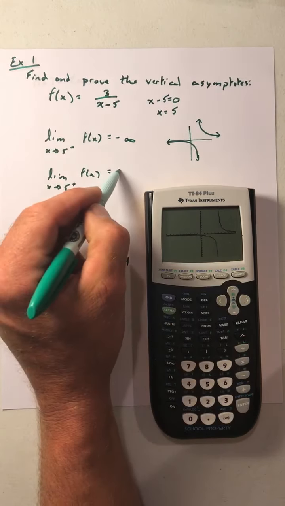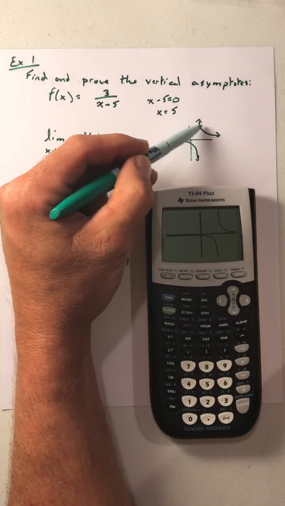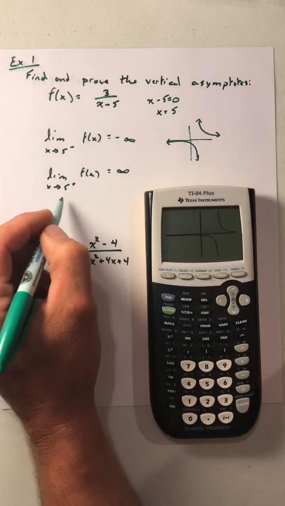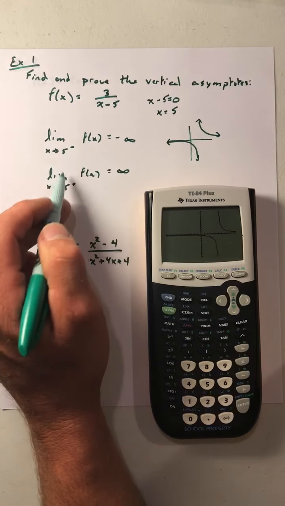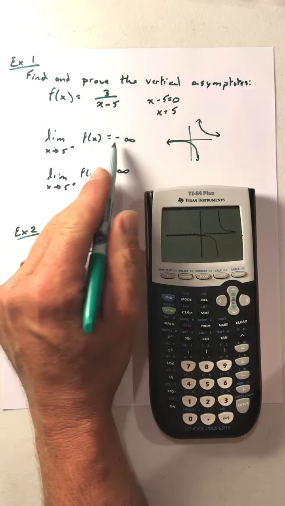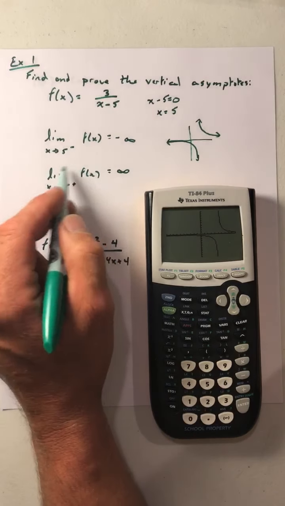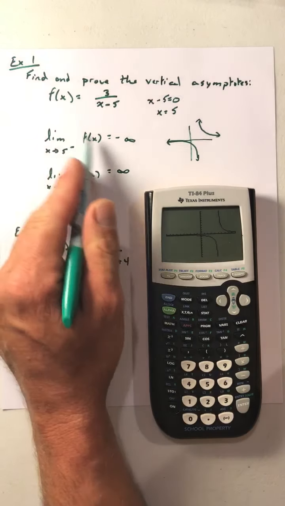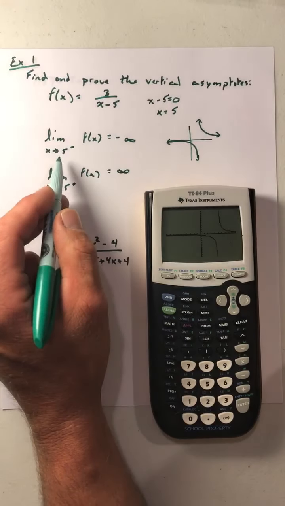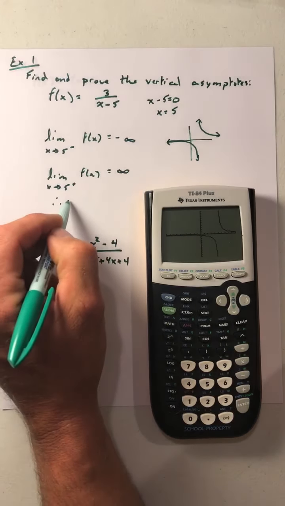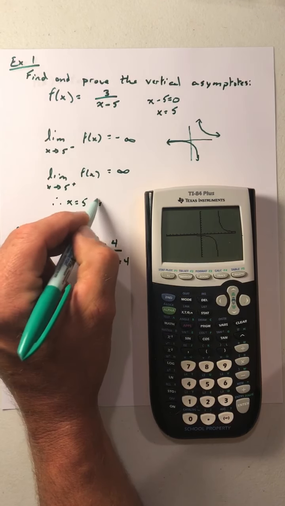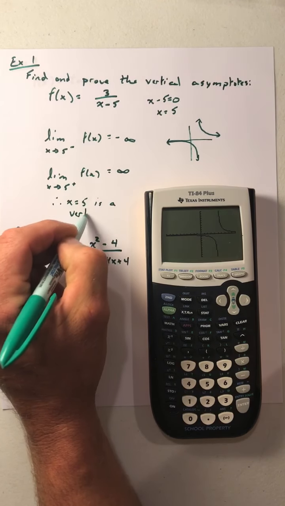And from the positive side, we have positive infinity. So it's going up like that. Since the limit as x goes to 5 from the positive and negative side is an infinity, this is our proof that x equals 5 is a vertical asymptote.